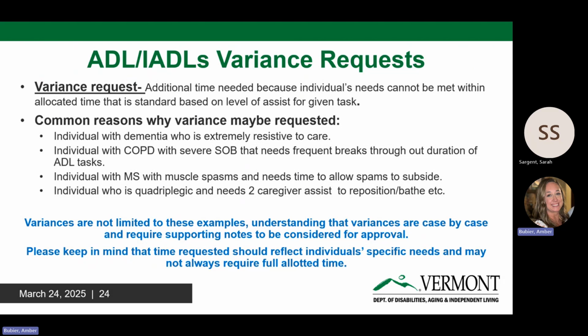Time requests should reflect individuals' specific needs and may not always require the full allotted time. So while we're here talking about variance requests, requesting extra time to complete a task, there may be times where the standard amount of time that's generated is not necessarily needed.